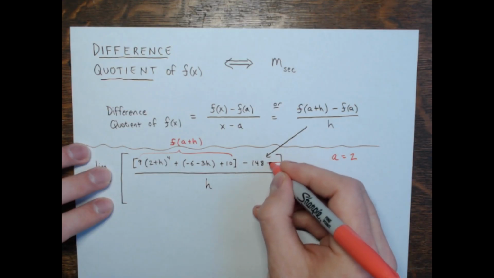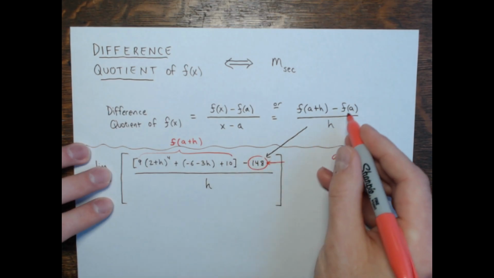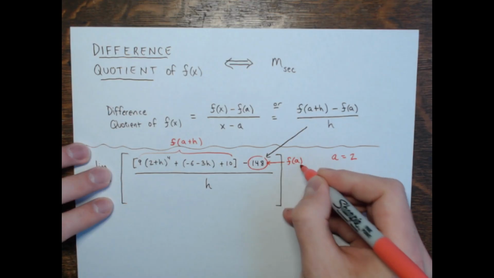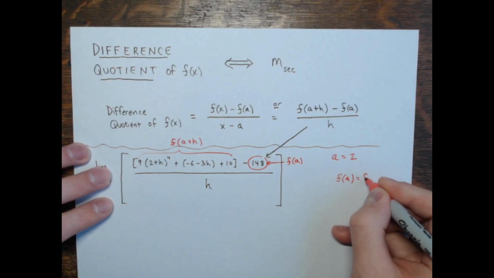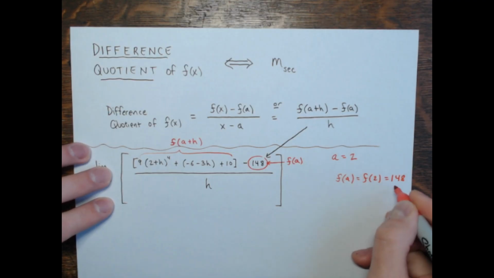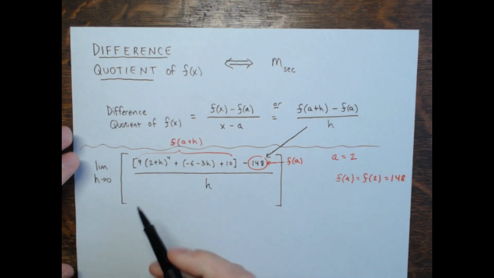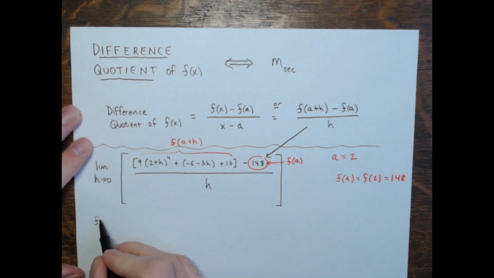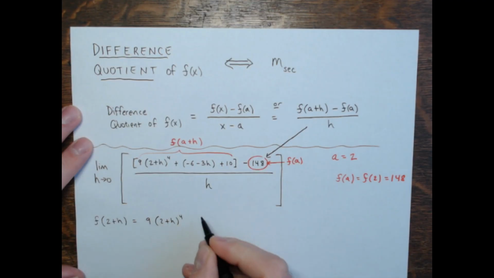And then this, 148, that would be the f at a. So we also should have a function where f at a, which is, I said a is 2, we need to have a function that when I plug in 2, the output's 148. So look, the value of f at 2 plus h is 9 times 2 plus h to the fourth.